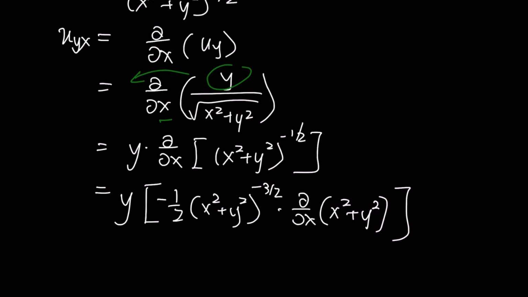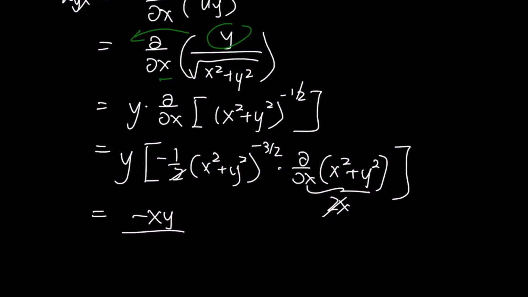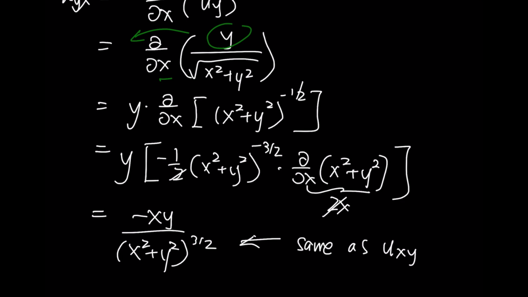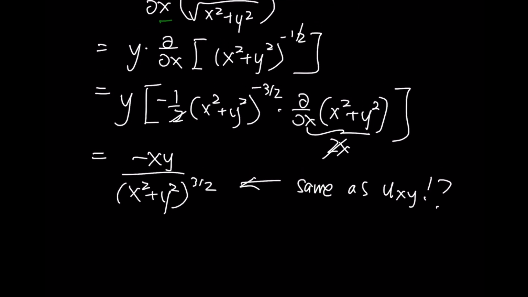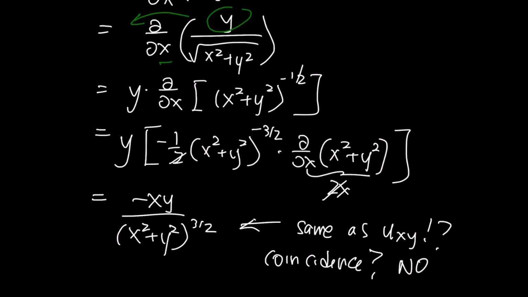Now this is going to give me a 2x because the y is a constant. This 2 and this 2 will cancel out. So I'll get a negative xy over x squared plus y squared to the 3/2. Now this was exactly the same as what I found for uxy. Is this a coincidence? It turns out that no, it is not a coincidence.